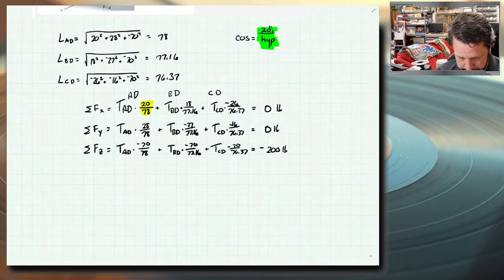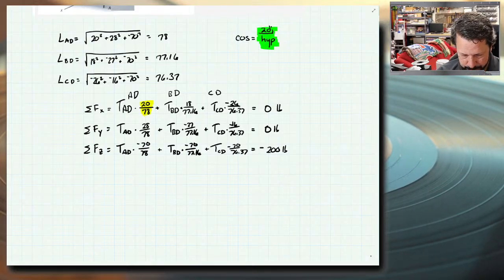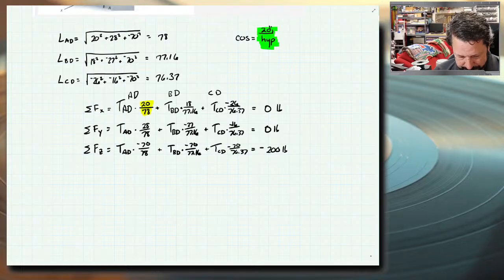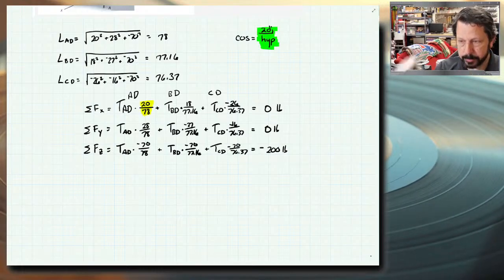Plenty of room for error in putting all these things in, right? 0 for the residual. 28 divided by 78, negative, oh, I should have written clearer, 27 divided by 77.16, negative 16 over 76.37, another 0, negative 70 over 78, negative 70 over 77.16, negative 70 over 76.37, and negative 200. And then there's a little solve button.